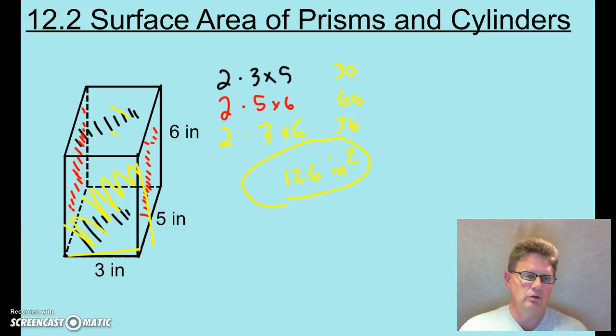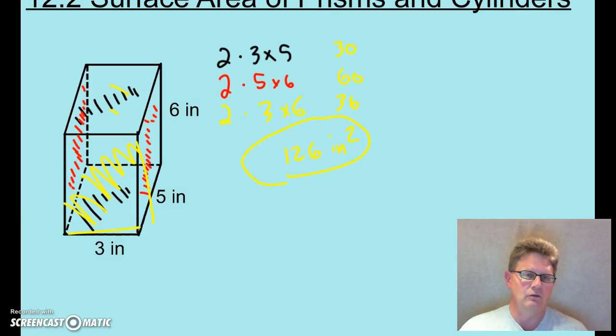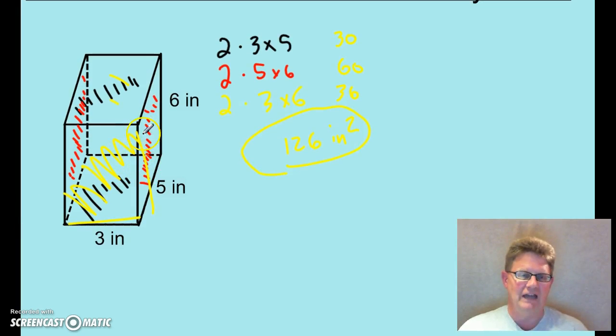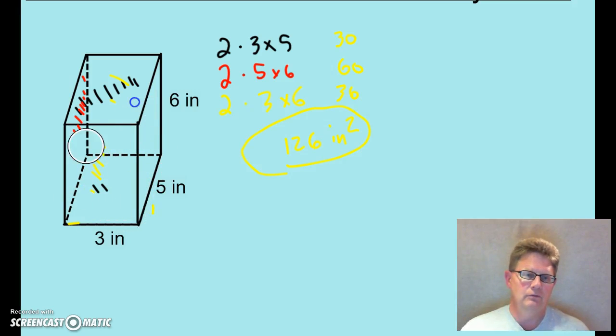Now let me show you the real way to do that so you don't have to find the area of each face. Instead, we're going to use the following formula. I like that yellow. I want to use that again.